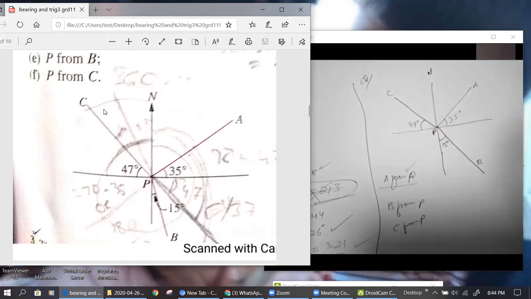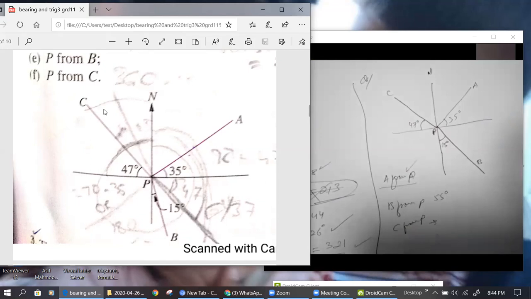Next is C from P. C from P, so P to C. Where is C? P to C. That one is 90, and in the last question we also used this technique.